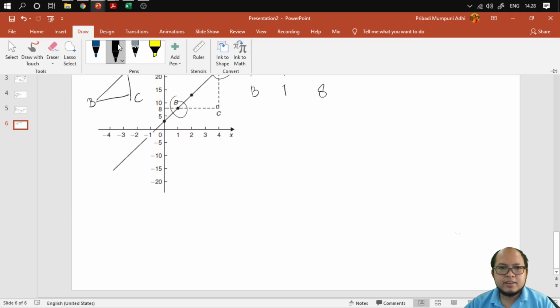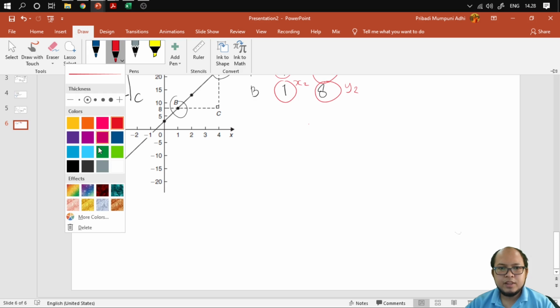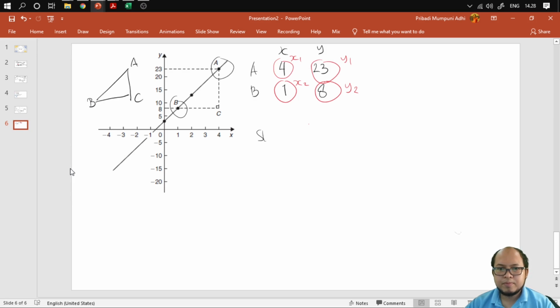So let's make the point 4 and 23 as x1 and y1, and 1 and 8 as x2 and y2. The slope or gradient will be calculated by using the change of the y-axis, which is AC, over the change of the x-axis, which is BC.